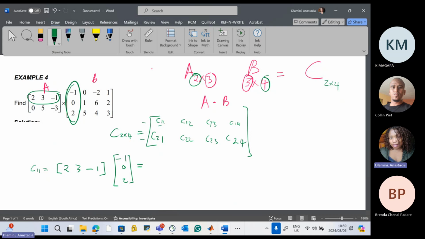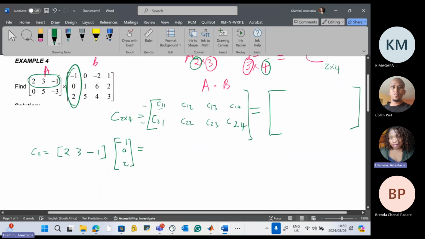Okay, let me write it like this. It's important that you're able to do this multiplication nicely, because these are easy marks in the exam, and I want you to get total in them so that you can get your distinctions. Now, when you do matrix multiplication, C11, you take row 1, column 1.